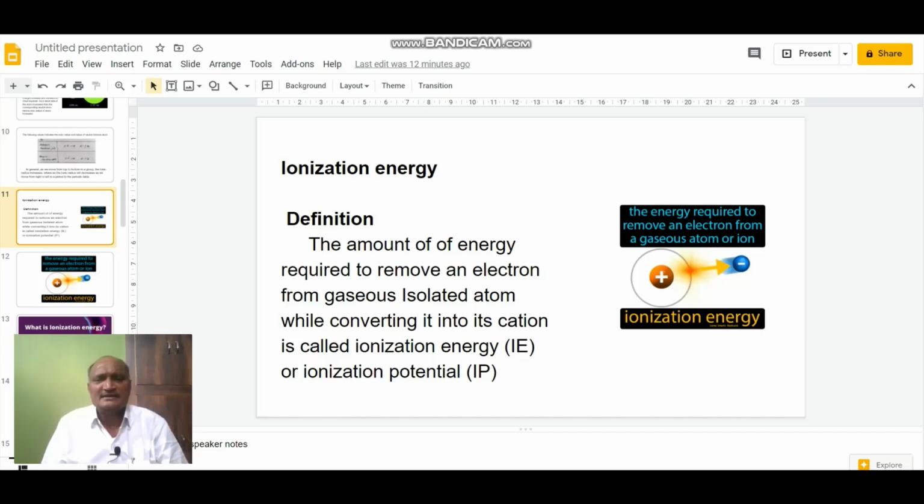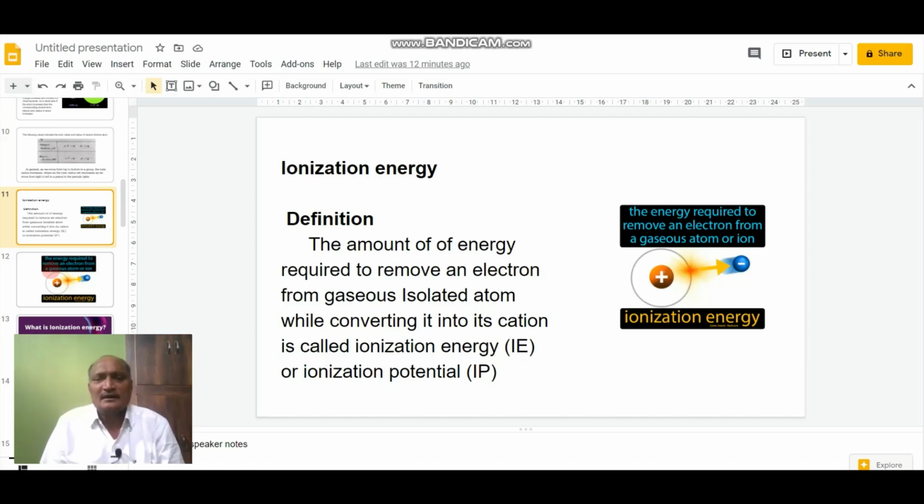Ionization energy is defined as the amount of energy required to remove an electron from a gaseous isolated atom while converting it into its cation.